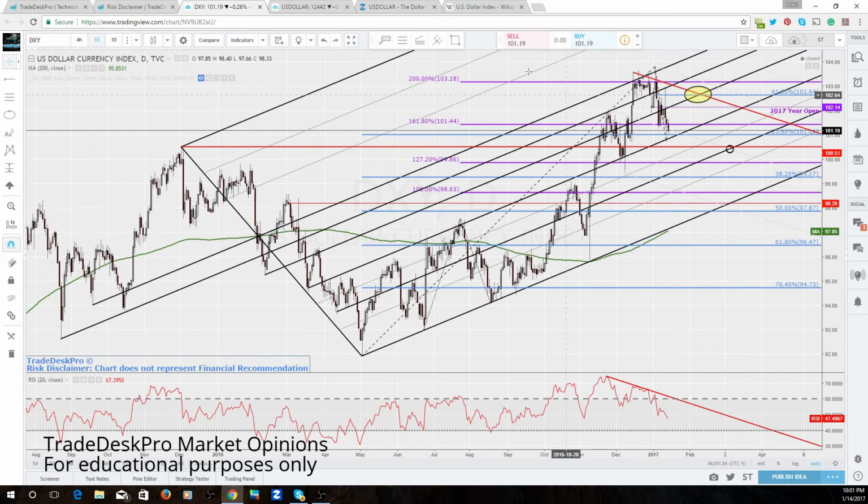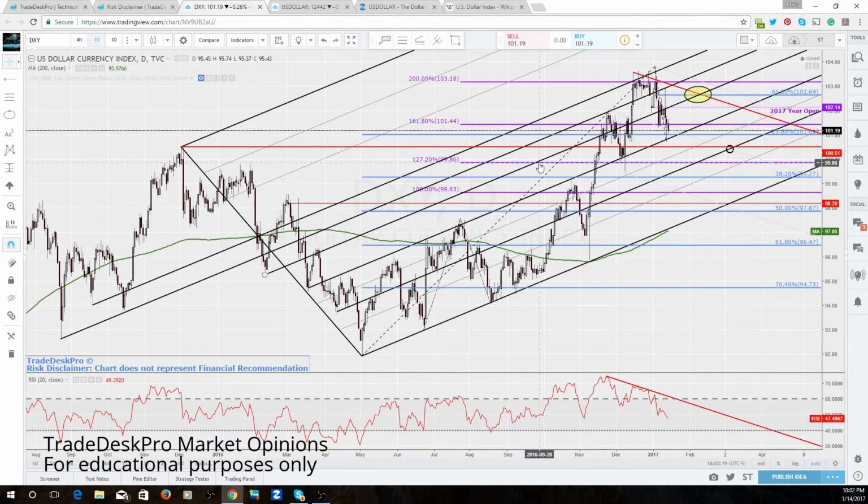If you know what pitchforks are all about, whenever the lower parallel gives support, which it has been doing for 1, 2, 3, 4, 5, 6 times, it was bound to get to the median line. Empirical studies have shown that if the lower parallel holds, there's an 82% chance that price will go to the median line, which happened.